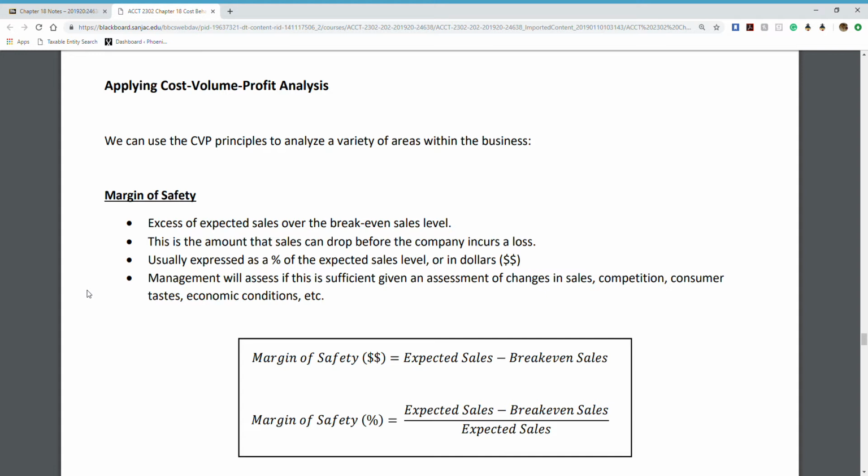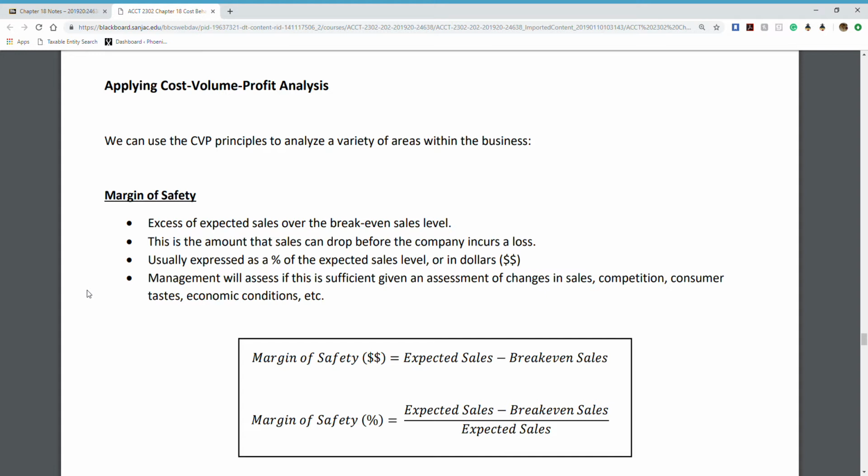The excess of expected sales over the break-even sales is going to bring in the margin of safety. It gives us a little bit of a cushion, you can say. This is the amount the sales can drop before a company incurs a loss. And it's usually a percentage. We don't really do too much in dollars, but keep it more on a percentage basis.